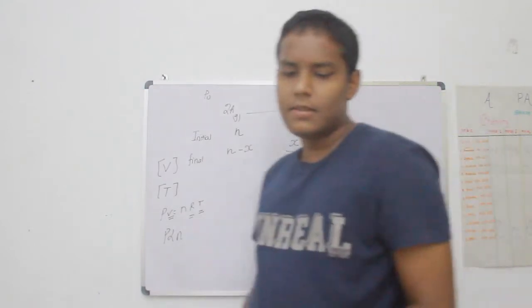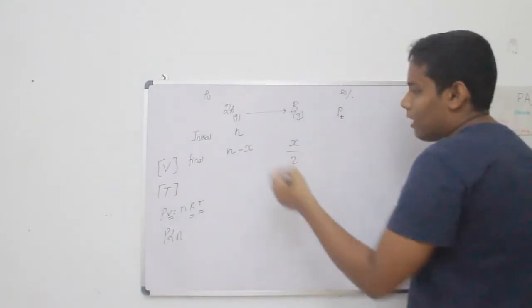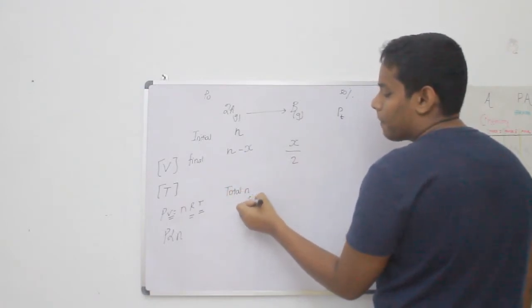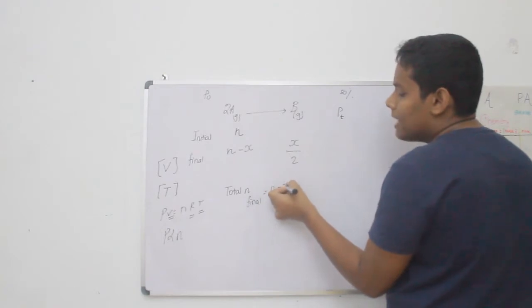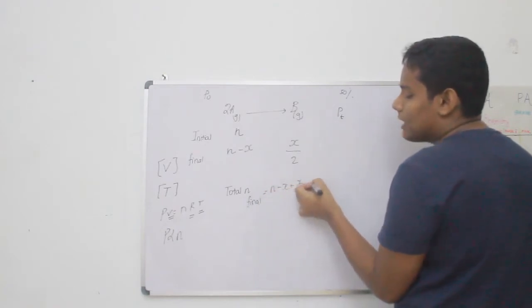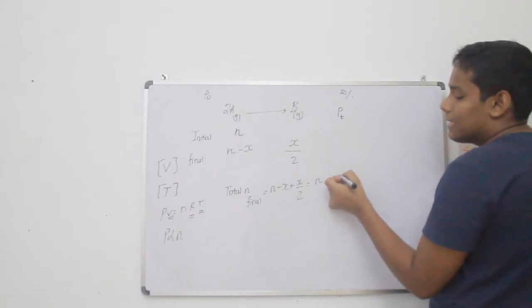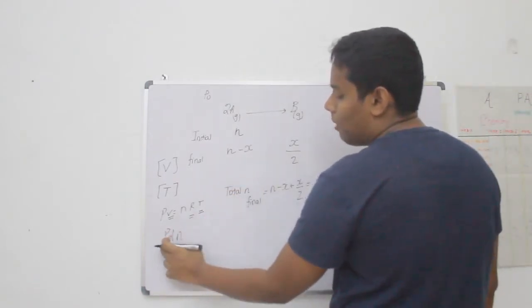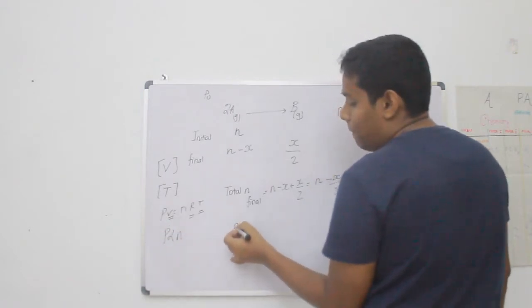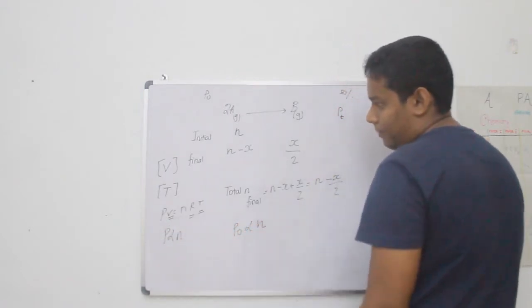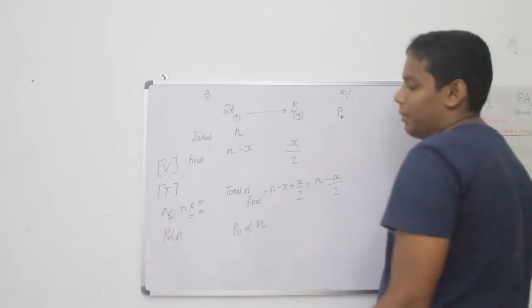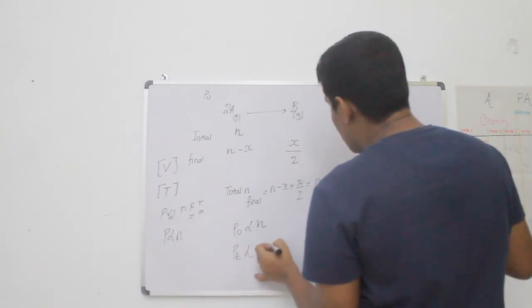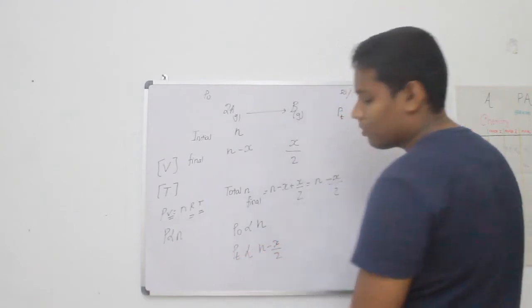Then the total N final will be N minus X plus X by 2, giving N minus X by 2. According to this proportional relationship, P naught is directly proportional to N, and PT is directly proportional to N minus X by 2.